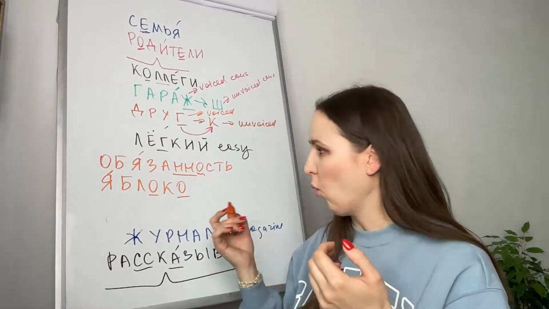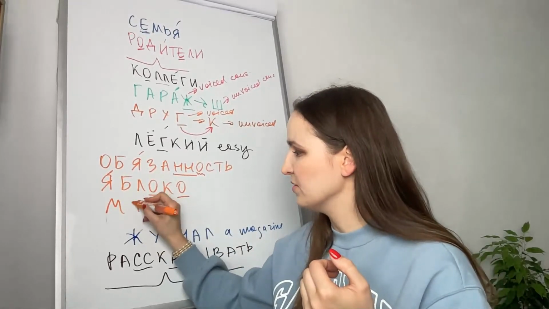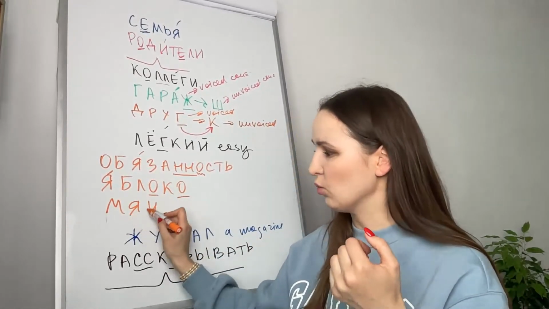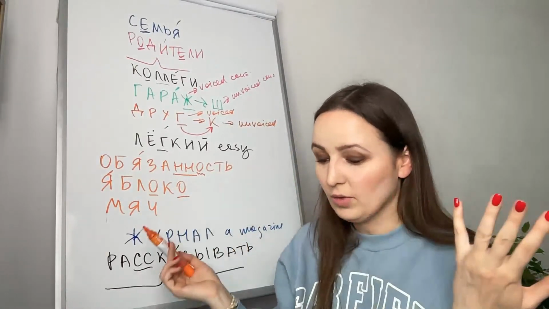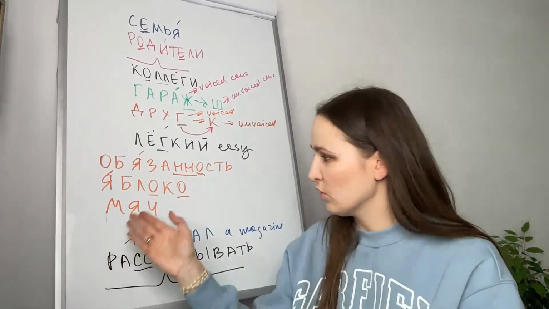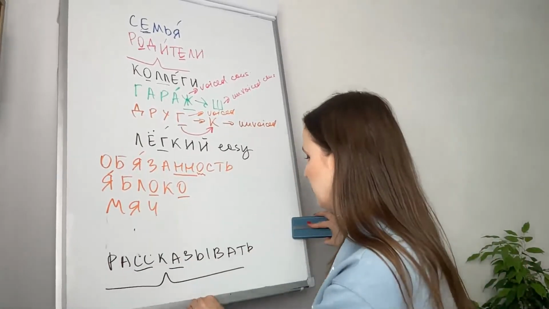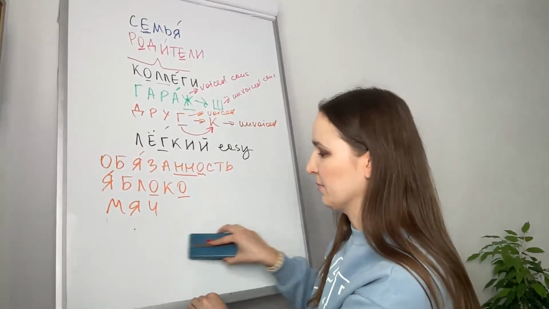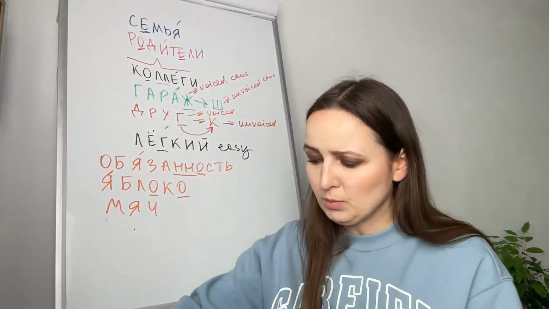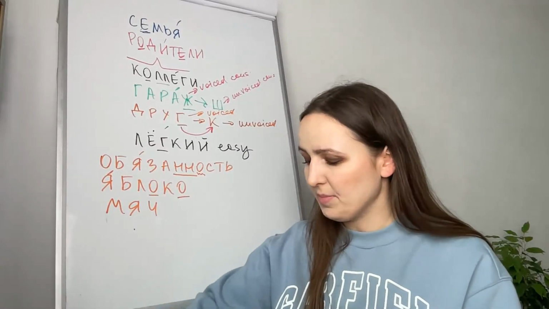Or in the word мяч. Again, we have only one vowel, so this vowel will be stressed. When we don't have other vowels, of course, the only vowel will be stressed. Яблоко. Дальше, let's take a word апельсин.